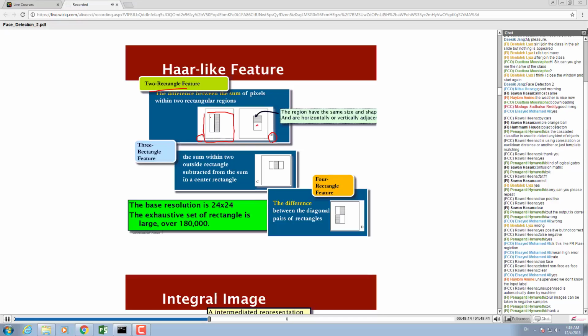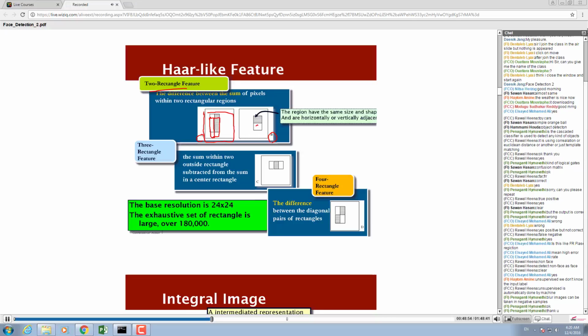Then what is the meaning of white and black? Basically, it is a very simple feature. It calculates the difference between the sums of these two regions. This rectangle A actually means the picture, normally a gray image. Let's say it is a face image. Then the white region is plus and the black rectangle region is minus, negative.